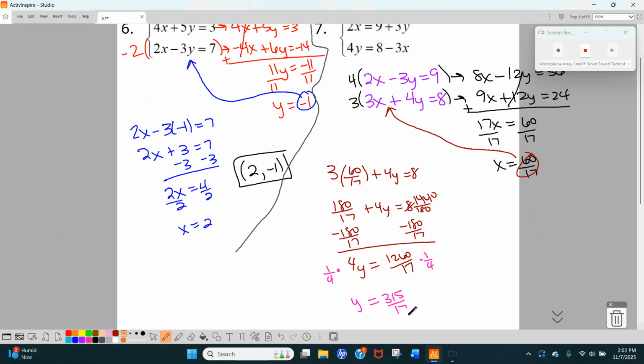And I feel like that is not correct. So let me think about what I did. 3 times 60 is 180.